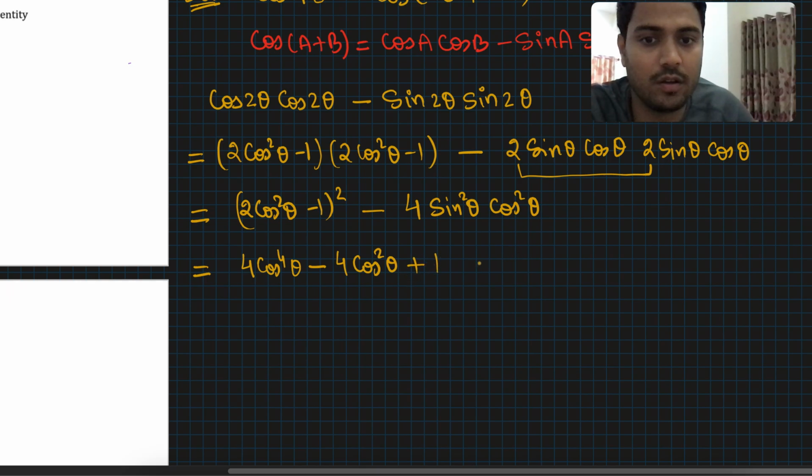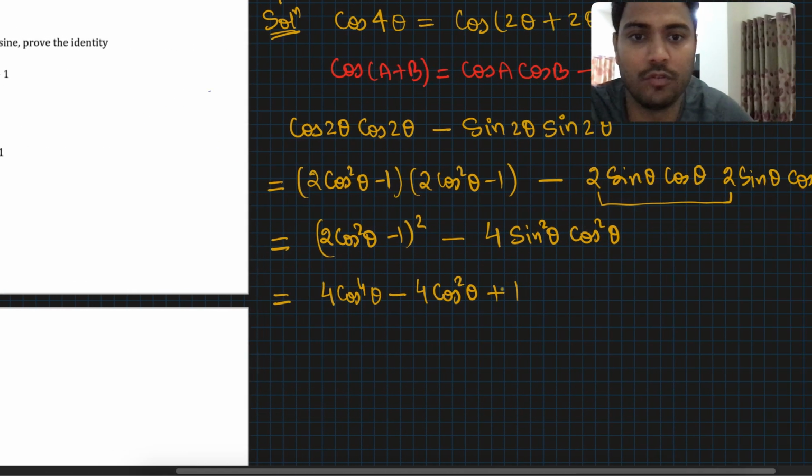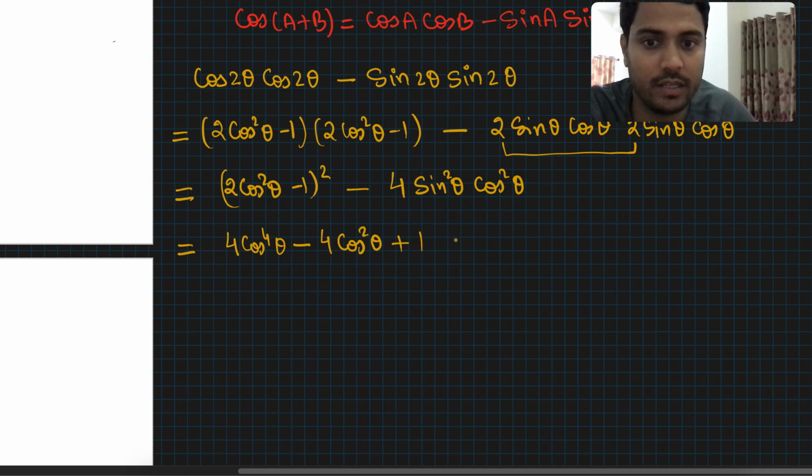Minus, we have to take everything to cos. So minus 4 sin square can be written as 1 minus cos square theta, and then multiplied by cos square theta.